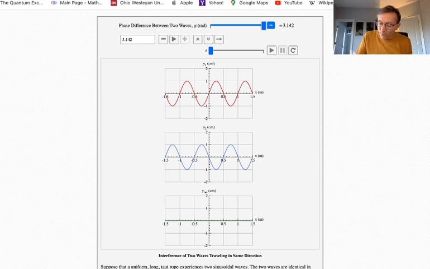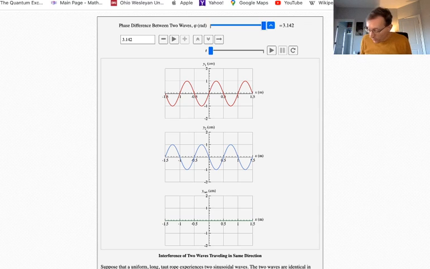Okay, so now what we've done is we've put in phi equal to pi. What's the amplitude of the net wave? Well, 2y max cosine of, note, for the amplitude, it's phi over 2. So phi is pi, so cosine pi over 2. But cosine pi over 2 is 0.